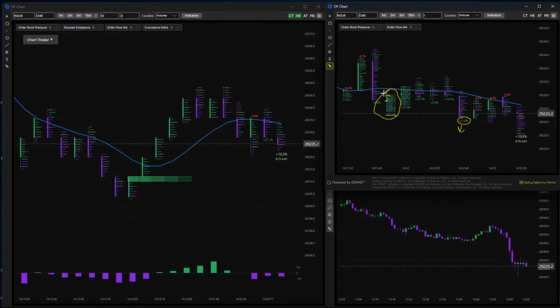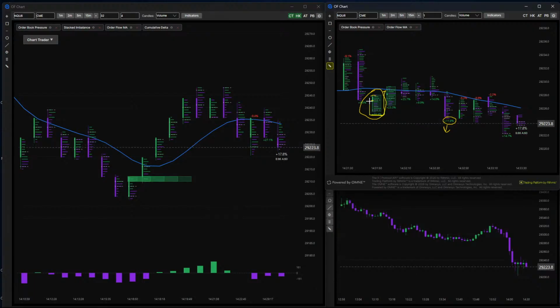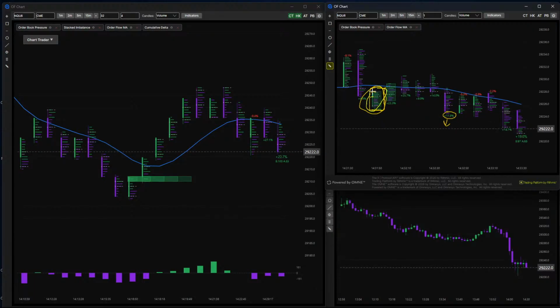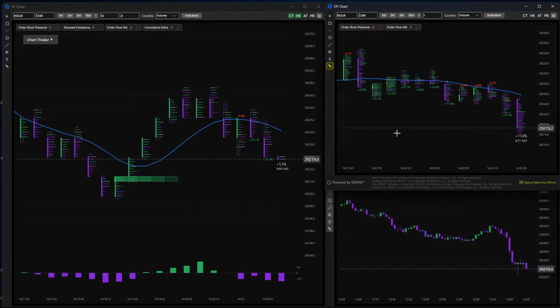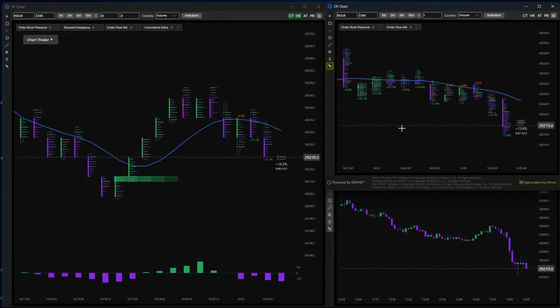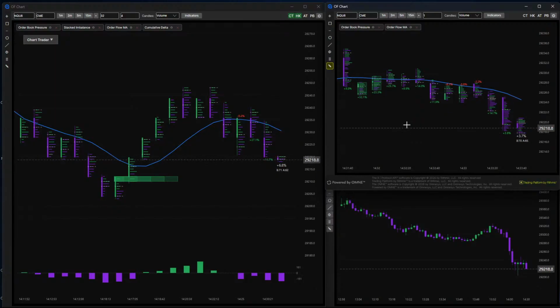We closed positive. That gives you that shaded whole area of green. That is what that does. Right now I'm looking at a 32 range bar.